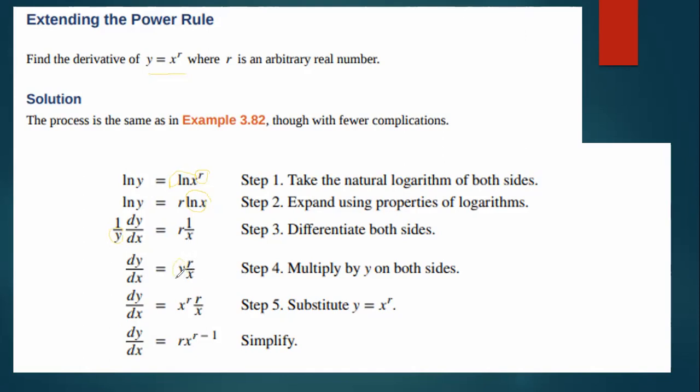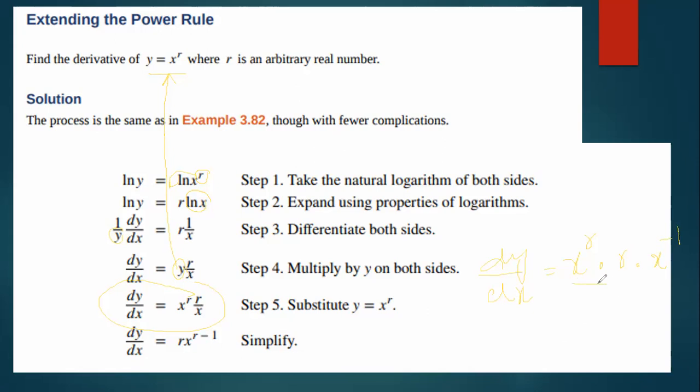Then what is the value of y? y value is this one, that is x power r. So x power r into r upon x. Okay, so this is basically dy upon dx will be x power r multiplied by r, and then this x will be in the denominator, when it goes upward in the numerator, the power will be negative.